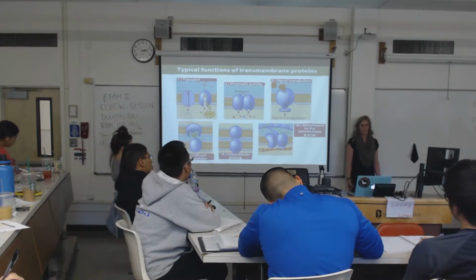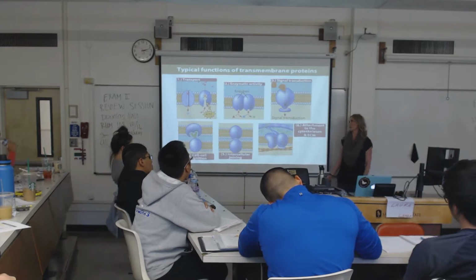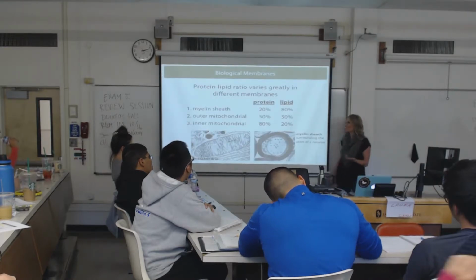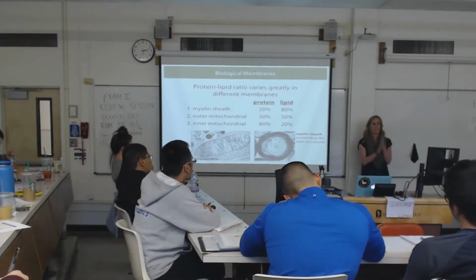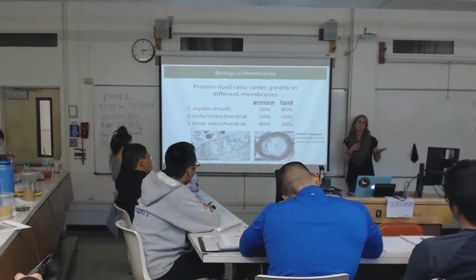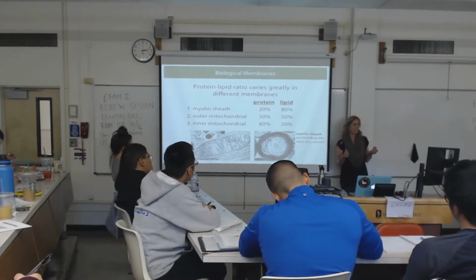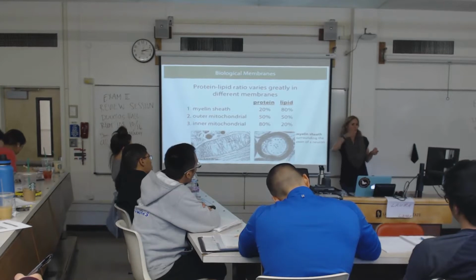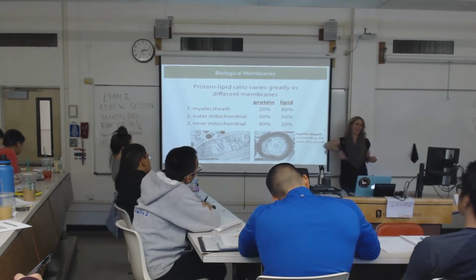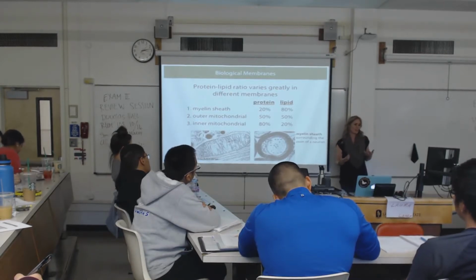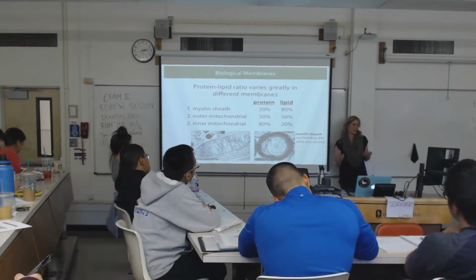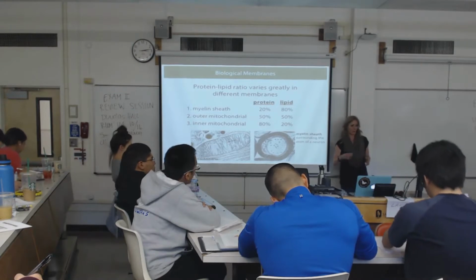And one interesting phenomenon is that there is a lot of variability in the ratio of proteins to lipids in any given membrane. Take the myelin sheath: its primary role is just to function as an insulator along that axon, so you don't really need a lot of membrane proteins. You just want it to wrap around and around and around.